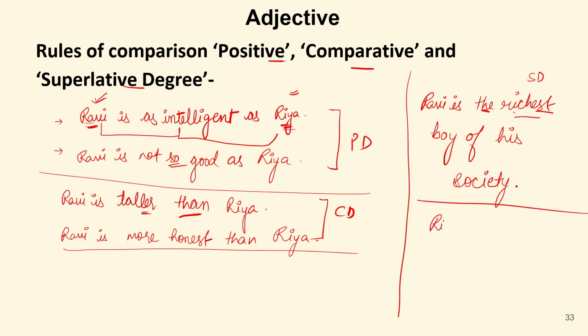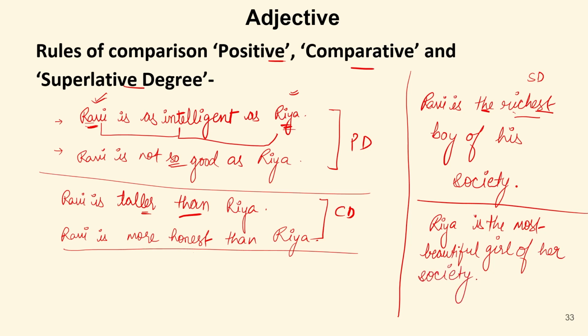If I say Ria is the most beautiful girl of her society. Now look at this sentence carefully. Here, Ria is the most beautiful. Beautiful is an adjective, and most is used as a superlative degree to compare one to all.